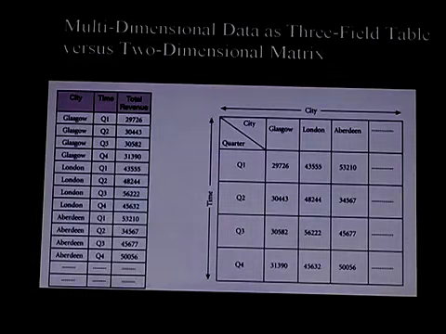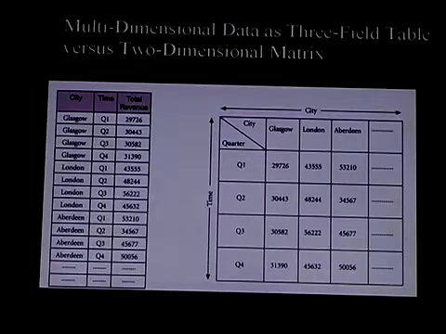Then, if you take the combination of these over the time dimension, we get a revenue. So the cell value says the total revenue in the city London for quarter Q1. Similarly, the cell value 45677 is the total revenue in this city for quarter number 3. Here the city is Aberdeen. So this way, the representation differs.